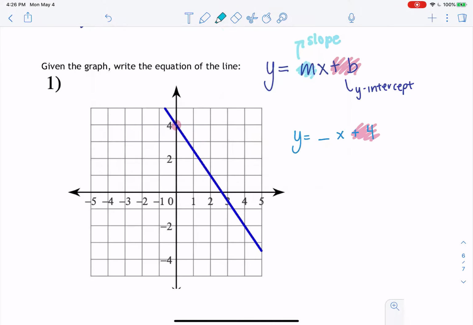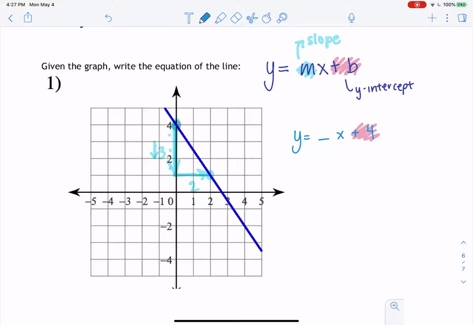To find the slope, we're going to draw a slope triangle. So we pick the point (0, 4), and here's another point at (2, 1). We're going to draw in a right triangle. We have 1, 2, 3. So this was up 3. Oh, I'm sorry, it wasn't actually up 3. It's actually, since we're going from 4 to 1, this is going down 3, and then to the right 2.